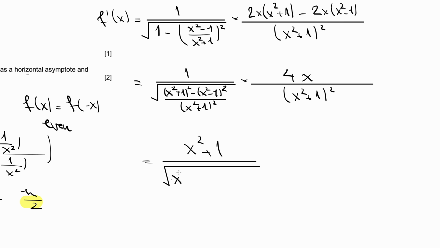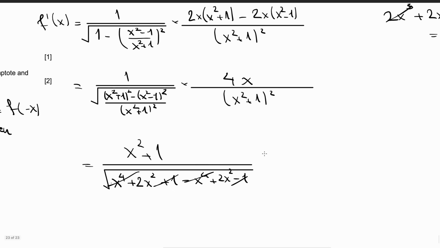So x squared plus 1 squared is simply x to the power of 4 plus 2x squared plus 1, right? And then minus x to the power of 4 plus 2x squared minus 1. So your 1's cancel out and your x to the power of 4's cancel out.